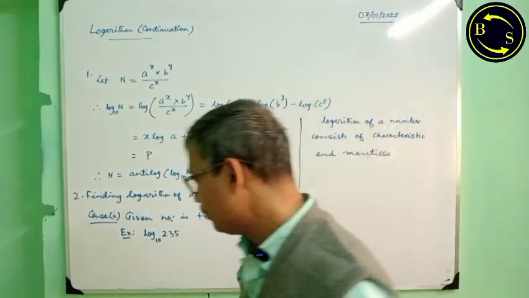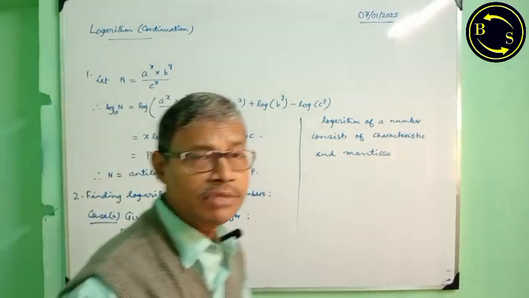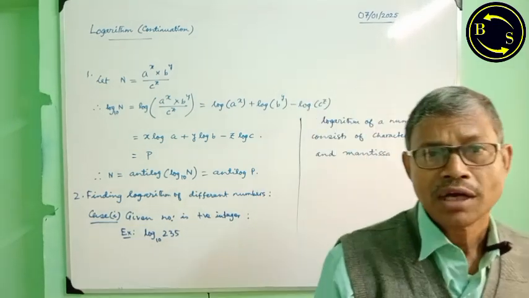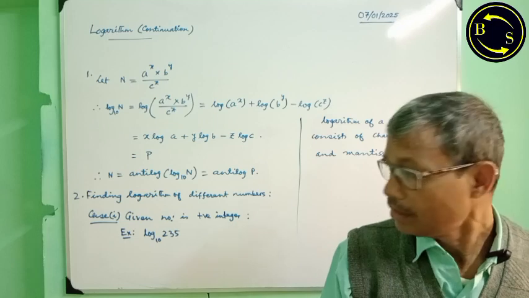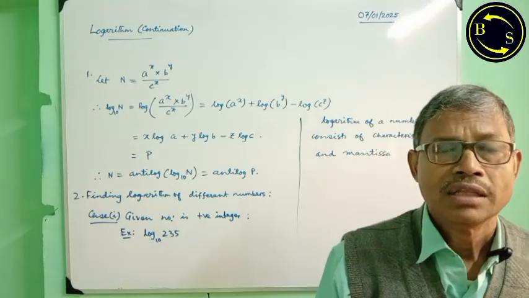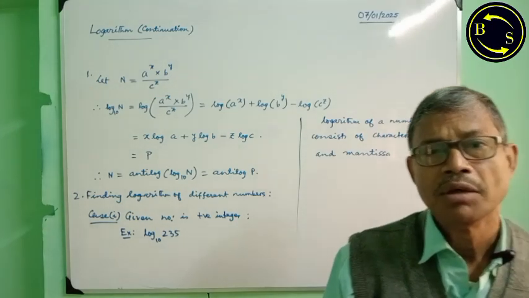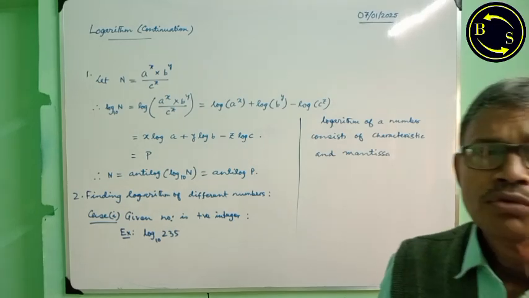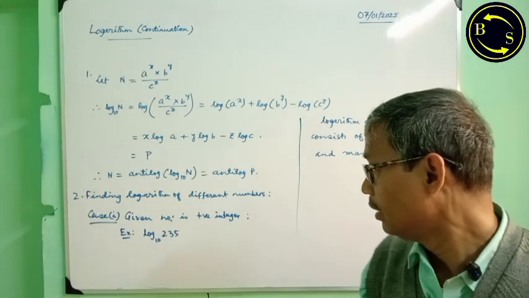Now, if the number starts with decimal point and the digit after the decimal point be non-zero, then the characteristic will be 1 bar. Actually -1, but in case of logarithm we say 1 bar and write also 1 bar.